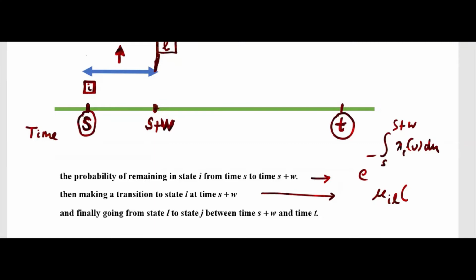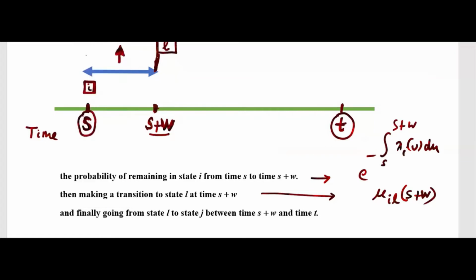At what time? Time is S plus W here, so we'll write S plus W. At this time, the process is making a transition from state I to state L. We just wrote mu IL in the homogeneous case.